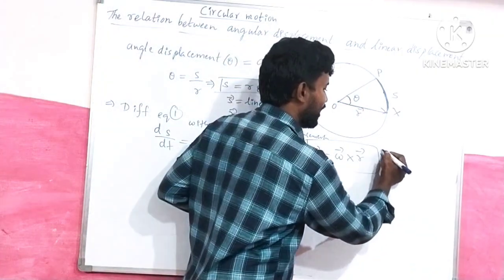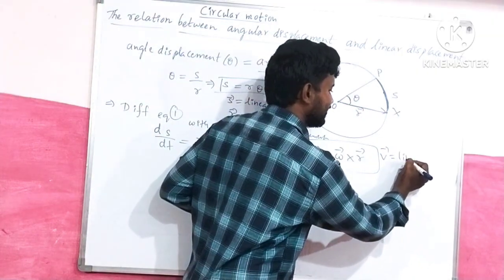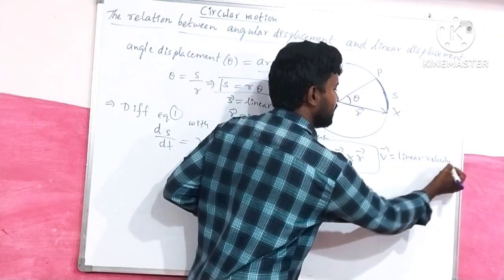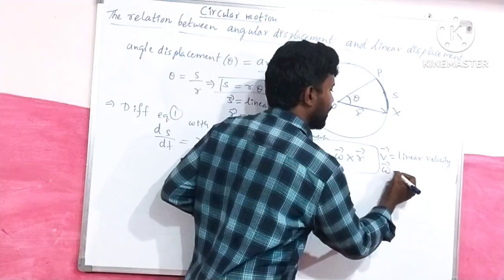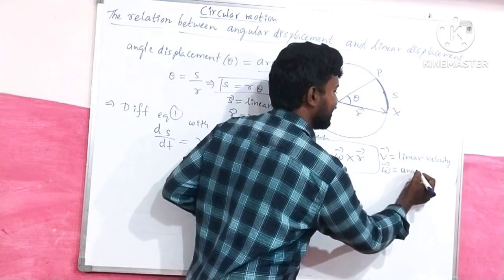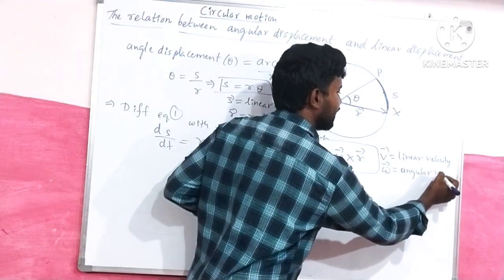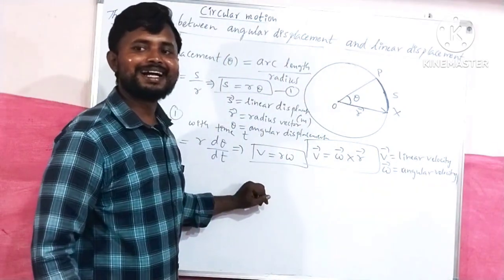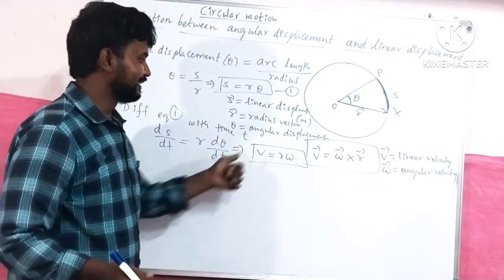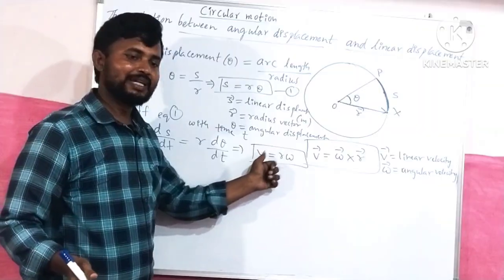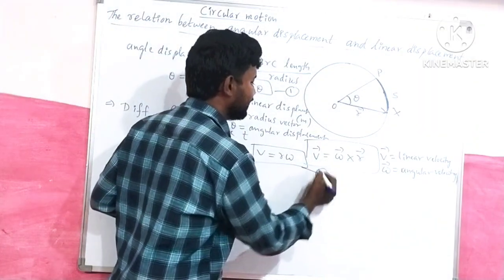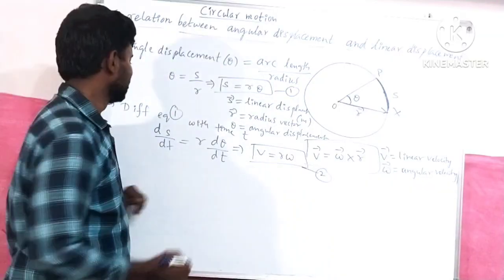Here v bar is the linear velocity, and omega bar is the angular velocity. Next, we differentiate v equals r omega with respect to time t, as equation 2.